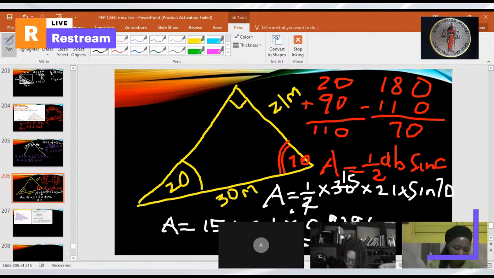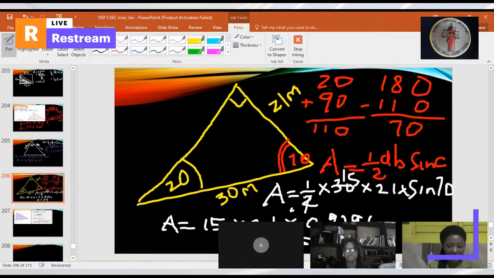Miss, that would give you 295.974 meters squared. All right, so 295.9 meters squared.